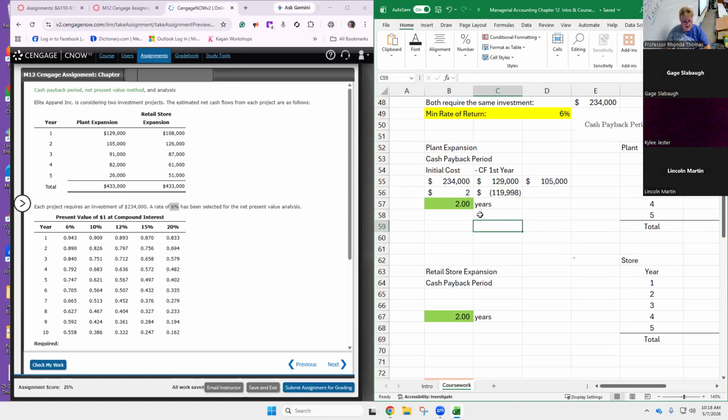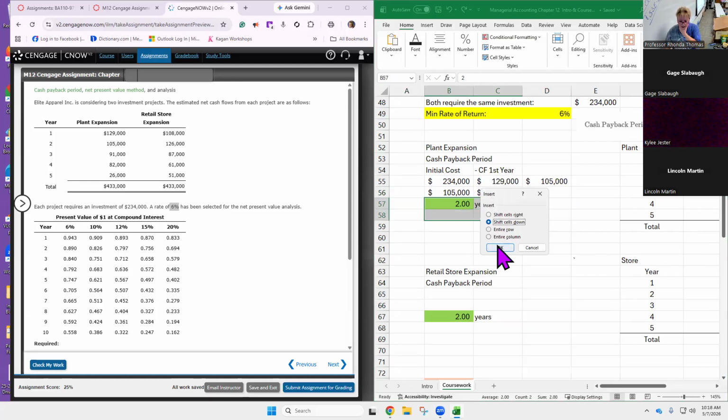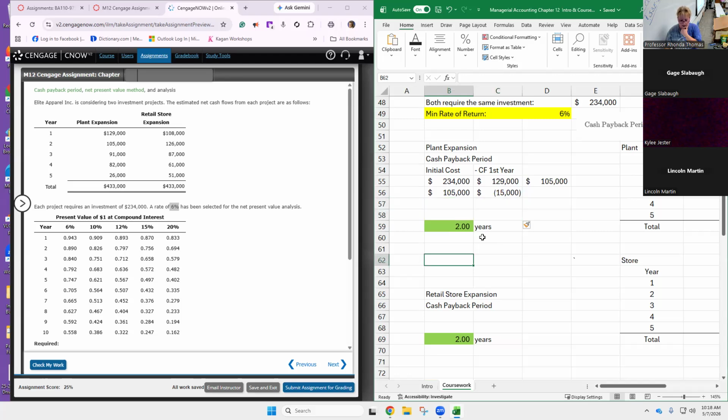So my first attempt to see if the first year's cash flow would pay me back all the way didn't work. Now I have 105,000 left over of my initial cost. Once again, I'm going to move this down a few rows to get it out of my way, because I'll explain if it's 2 years or however many it is.